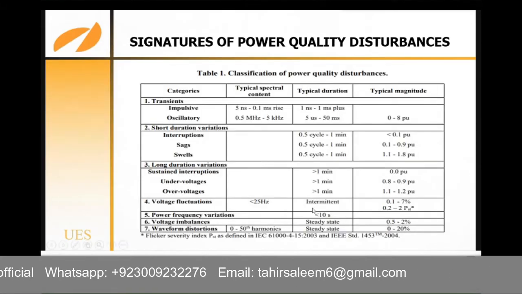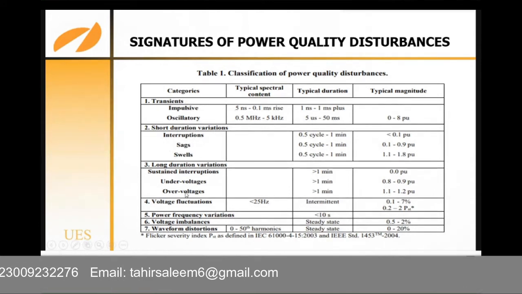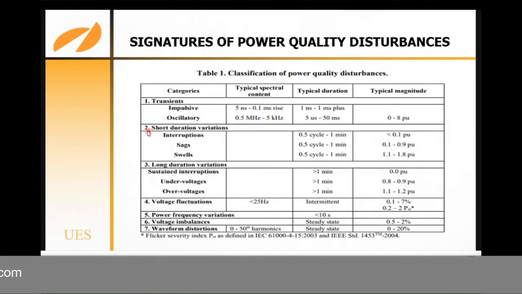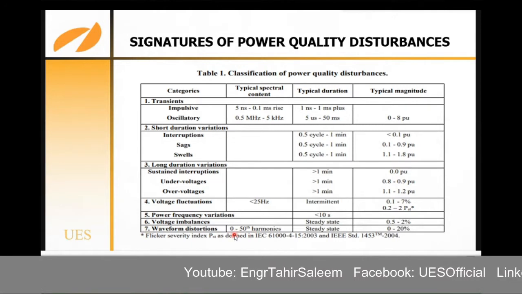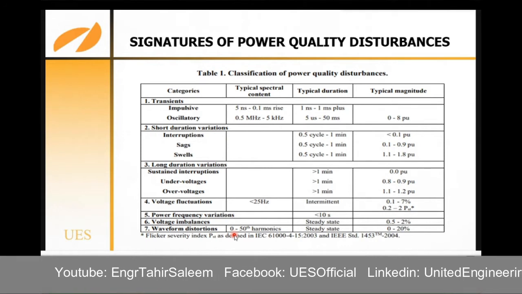You can see over here that there are different categories for different disturbances in a power system: transients, short duration variations, long duration variations, power fluctuation, power frequency variation, voltage imbalances, and waveform distortions. These are the different kinds of disturbances which a power system can experience during different operations.